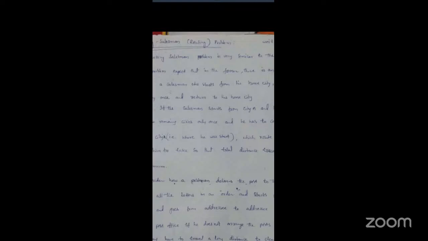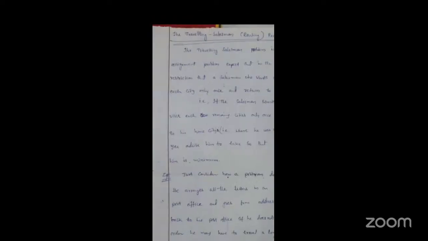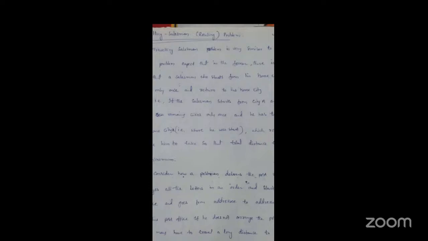So if the salesman starts from city A, he has to visit each remaining city only once, and he has to come back to his home city, that is city A, where he started. Which route would you advise him to take so that the total distance traveled by him is minimum?